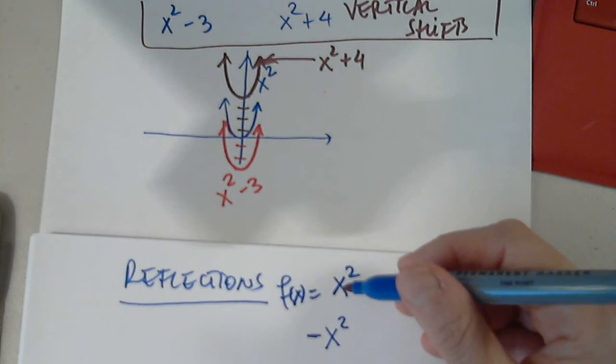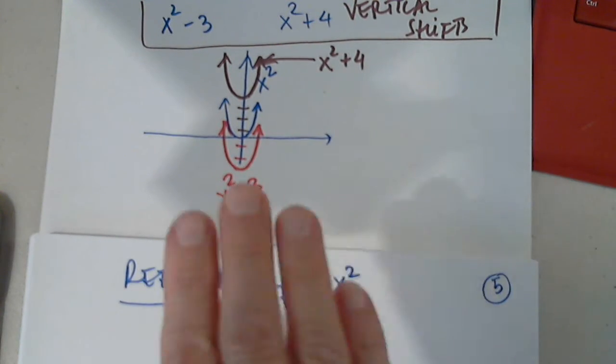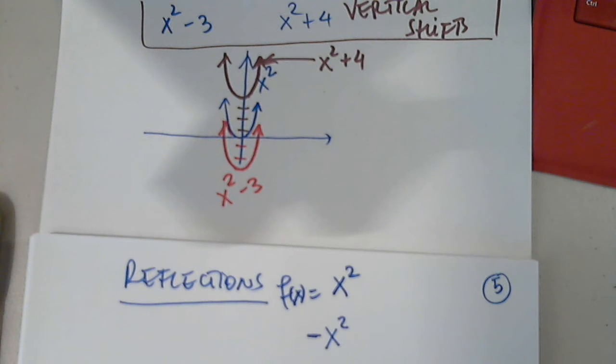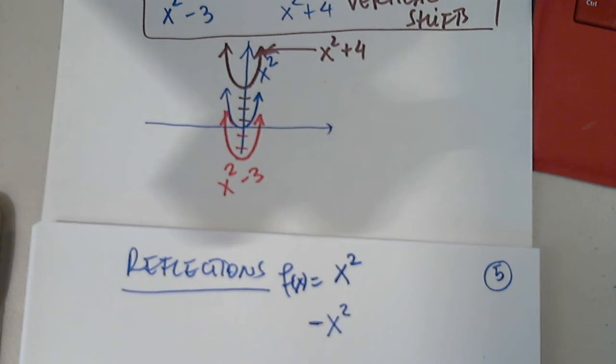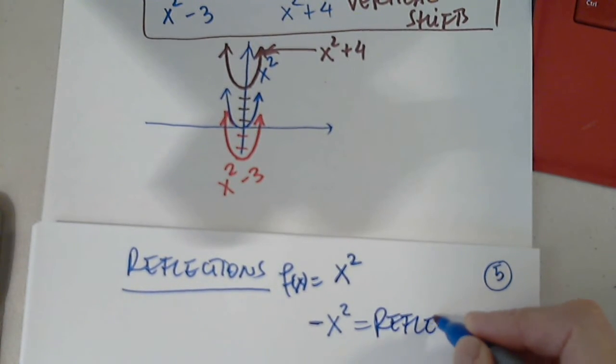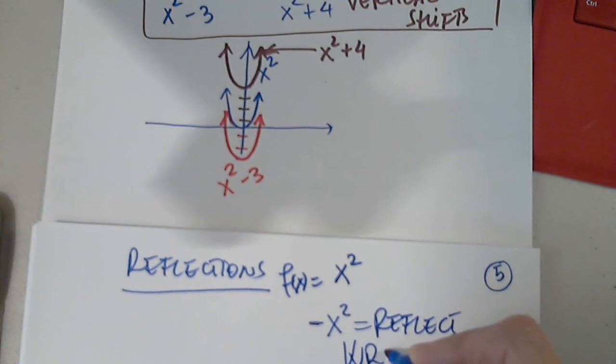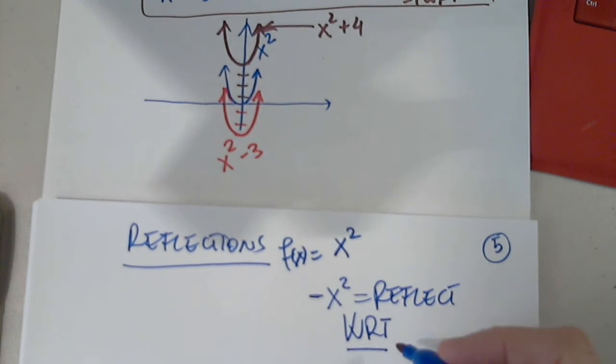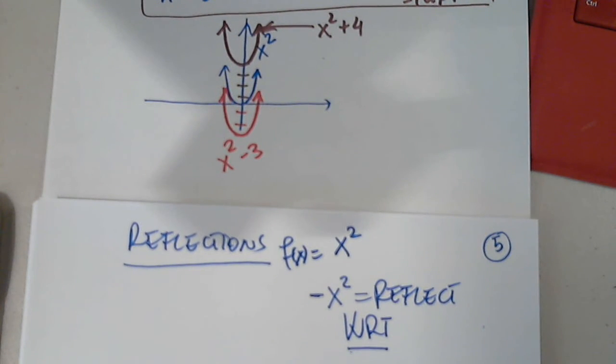Because if I change x with negative x to try to reflect with respect to the y-axis, it is not going to make any difference. But this is a reflection with respect to the x-axis. WRT, with respect to, that's how lazy people write it.